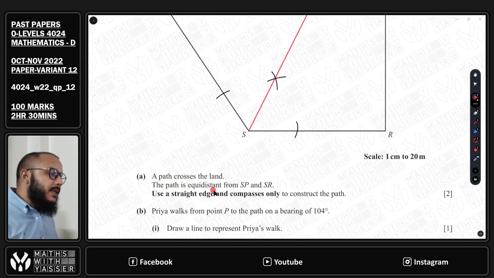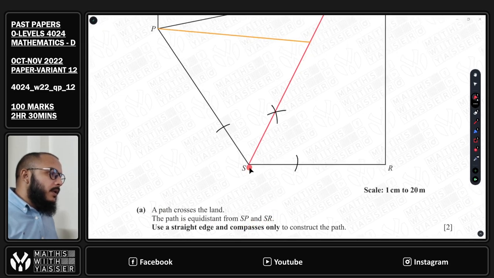The path is equidistant from SP and SR. So if the path is equidistant from SP and SR, that means we need to construct the angle bisector of PSR. So this red line is the path that is equidistant from both the lines PS and SR.